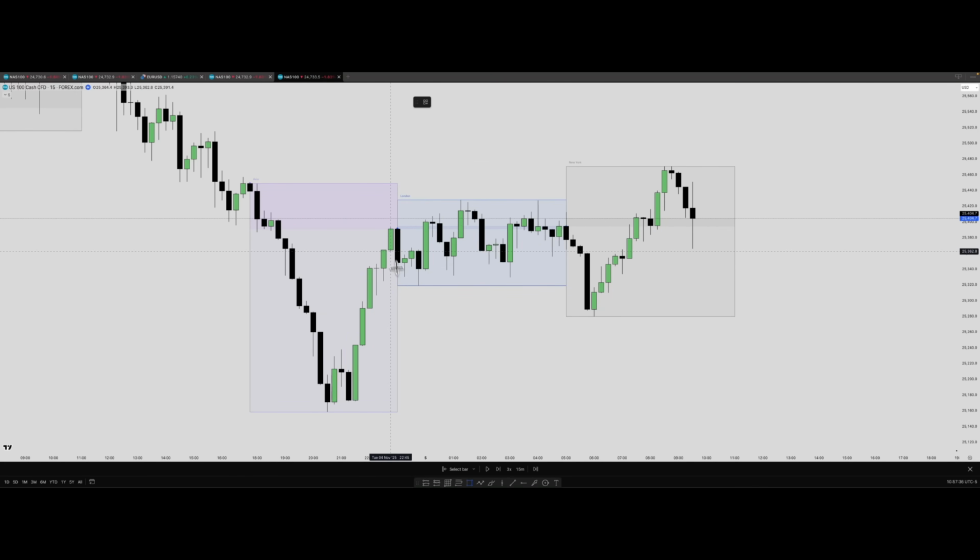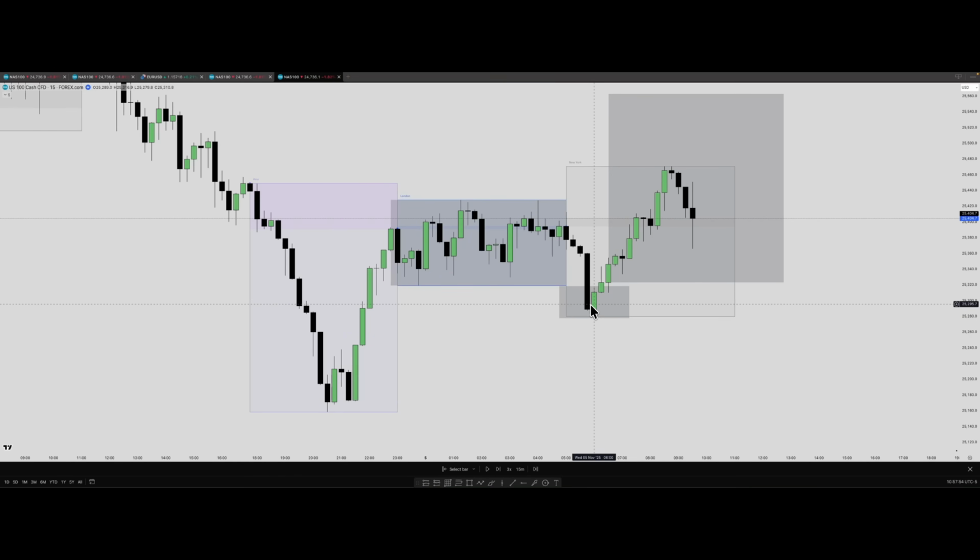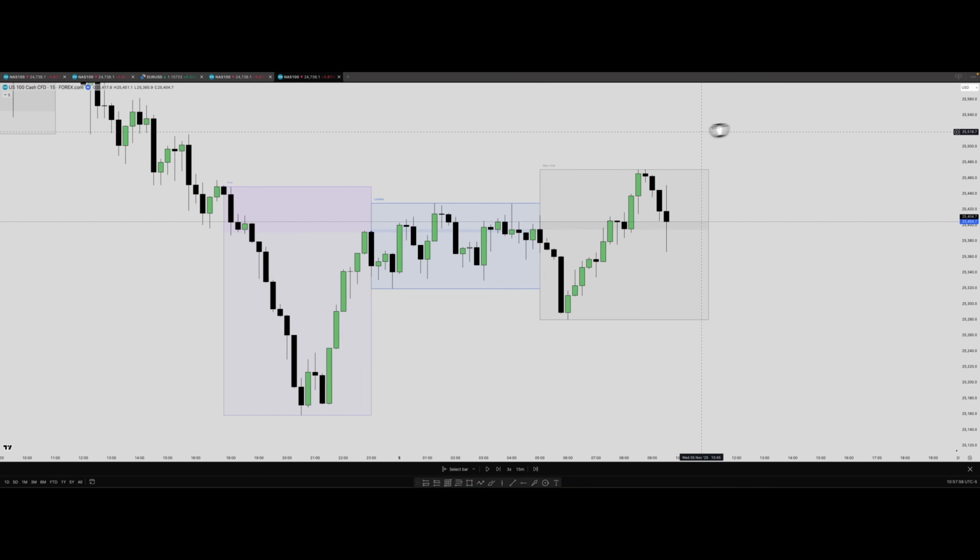We also have a power of 3 pattern forming. We have accumulation here. We see the market then goes and manipulates, and now we start to trade higher. So we are in the distribution phase.